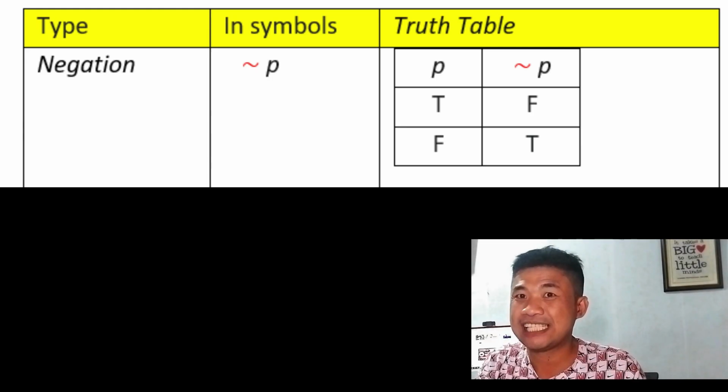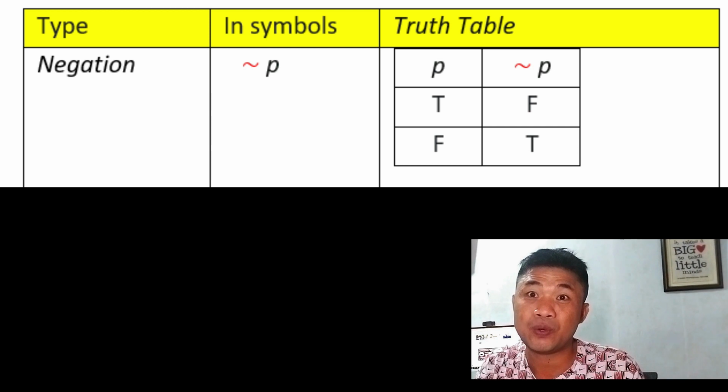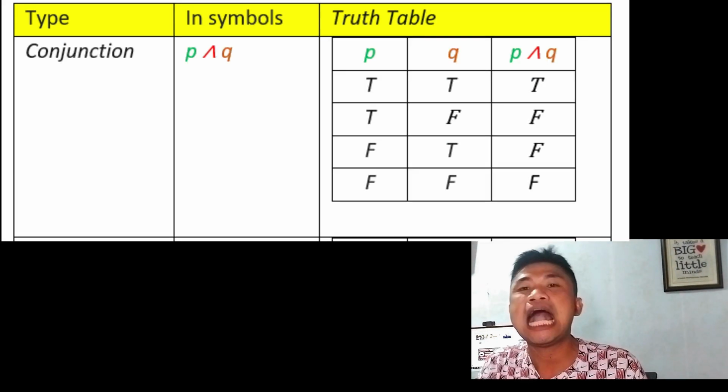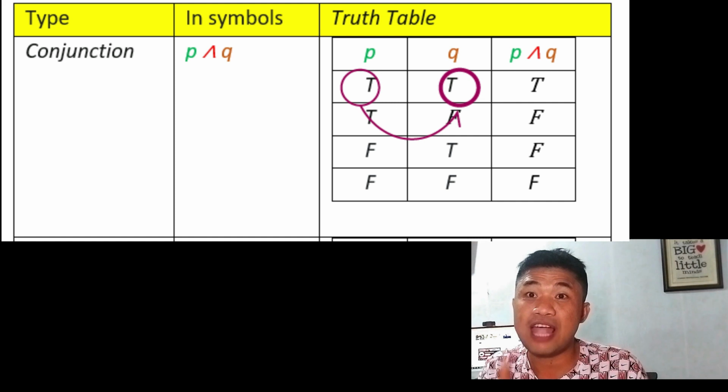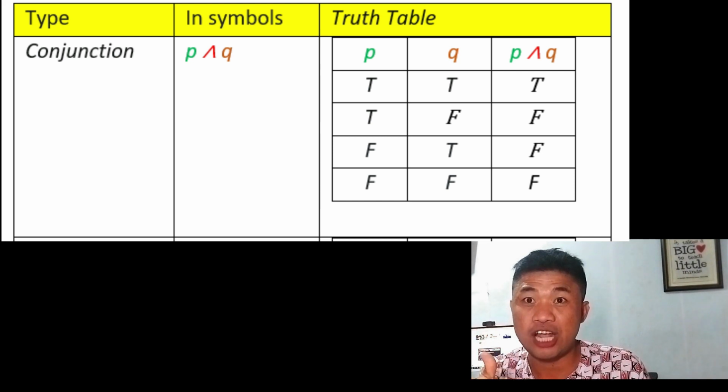Condition, of course, T to F and then F to T. Simple. And in the conjunction, take note, we now have the instances of the combination of those two simple propositions, because we're dealing with compound propositions.